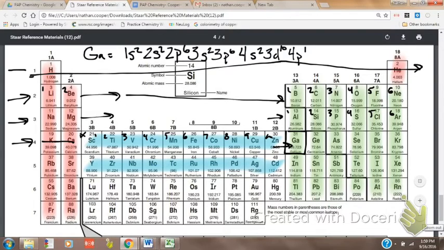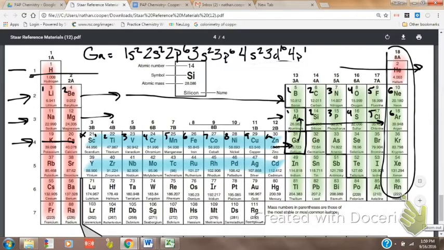To shorten this, to write the noble gas configuration for gallium, I need to look up and go all the way over and find the noble gases. The noble gases are all these elements here. So the noble gas that's up and over, 1 period up, is argon.